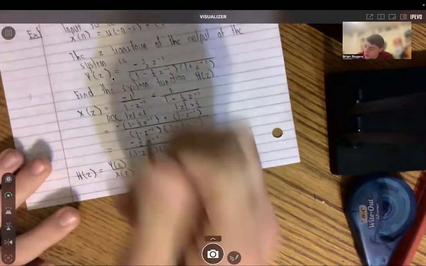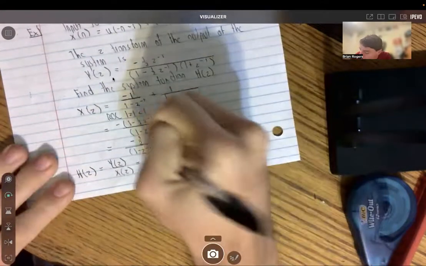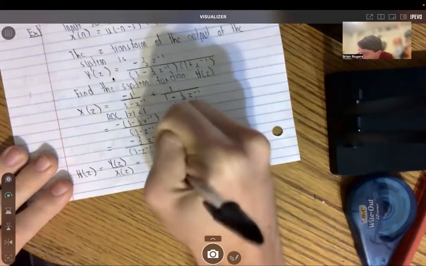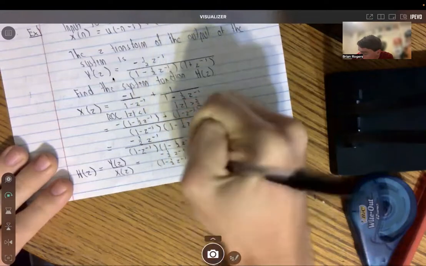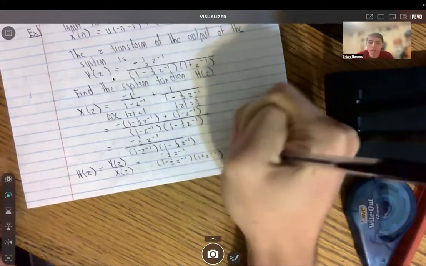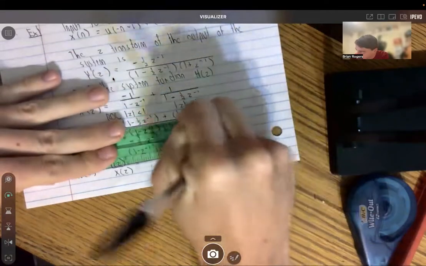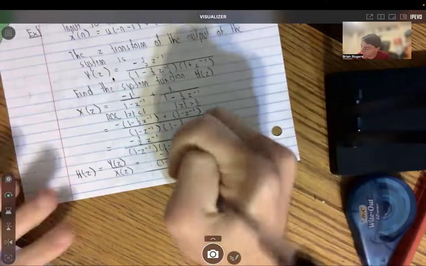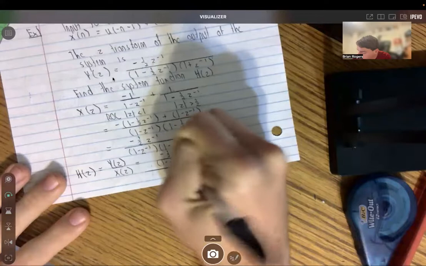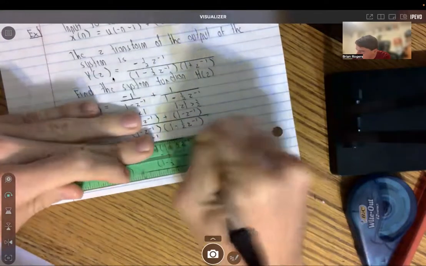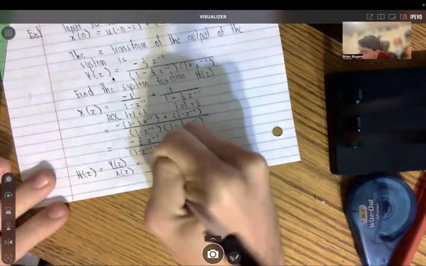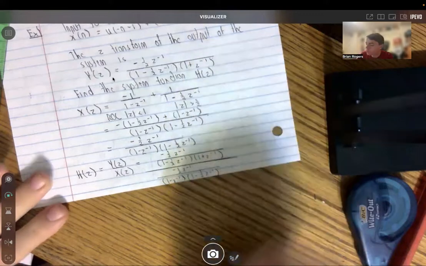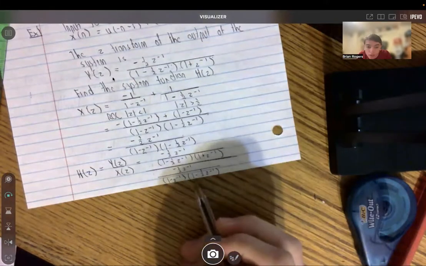So for y of z, it's -1/2 z to the -1 all over 1 minus 1/2 z to the -1, 1 plus z to the -1. And then in our denominator for x of z, we have the -1/2 z to the -1 all over 1 minus z to the -1 times 1 minus 1/2 z to the -1. Okay, so we have a fraction divided by a fraction.